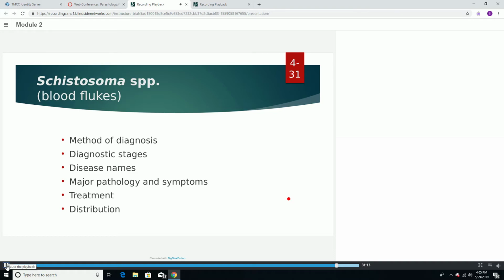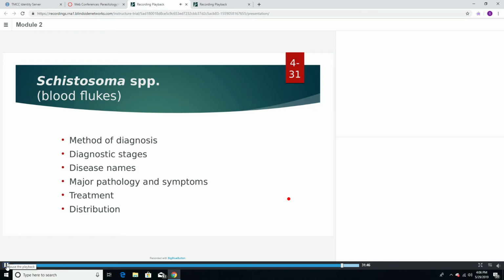And then we could see nephrotic syndrome occur in Schistosoma mansoni and Schistosoma haematobium. Schistosoma mansoni is found in Africa and South and Central America. We could also see this in the Caribbean. Schistosoma japonicum is found in the Far East, and Schistosoma haematobium is found in Africa and the Middle East.